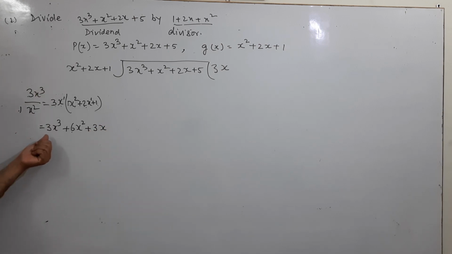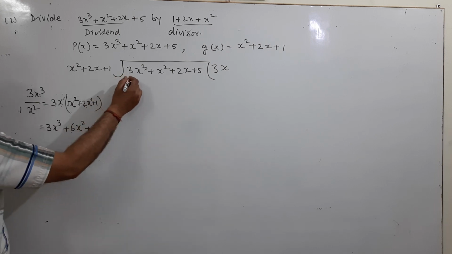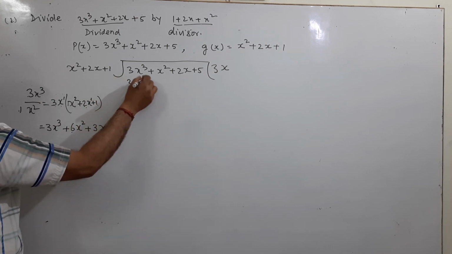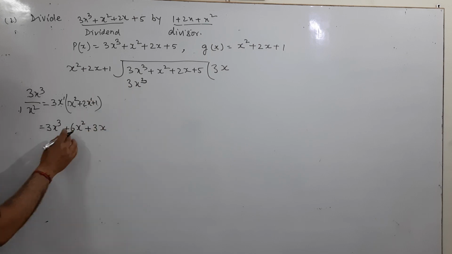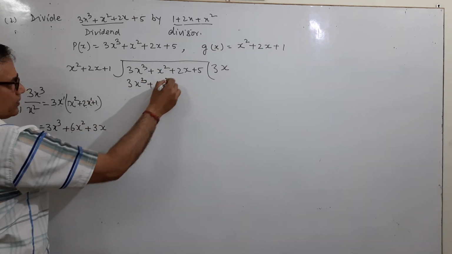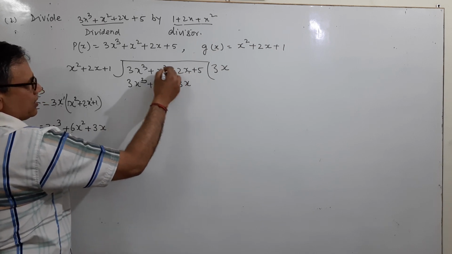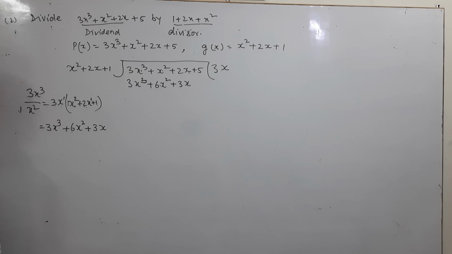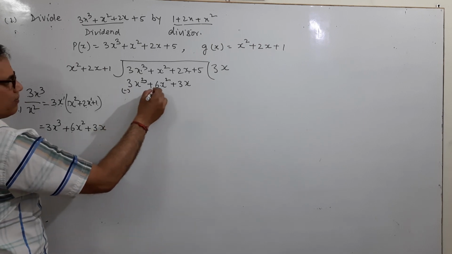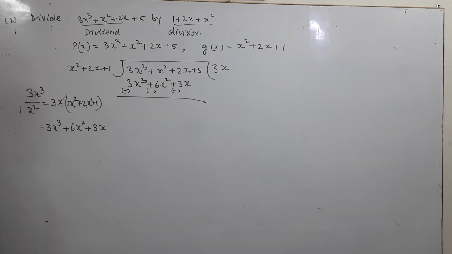This means we have to write the same degree variable below the same. 3x square below 3x cube, 6x square below x square, and 3x here. Now we have to subtract, minus, and draw a line.